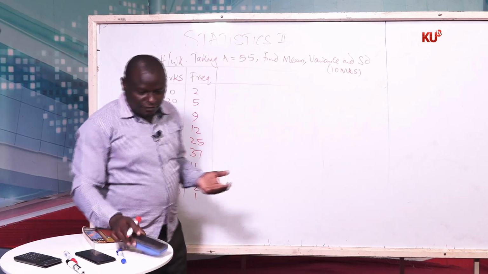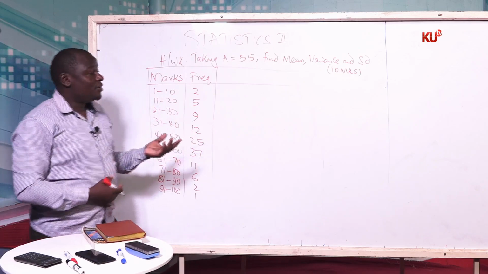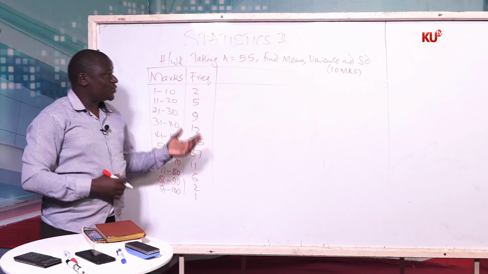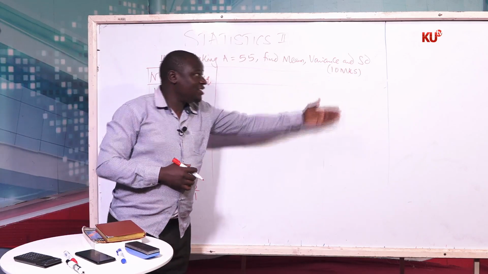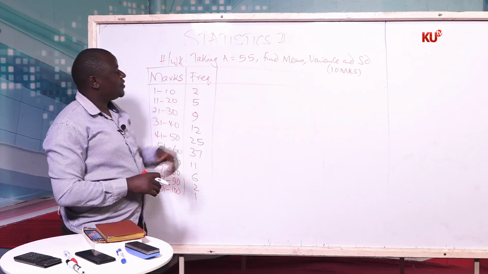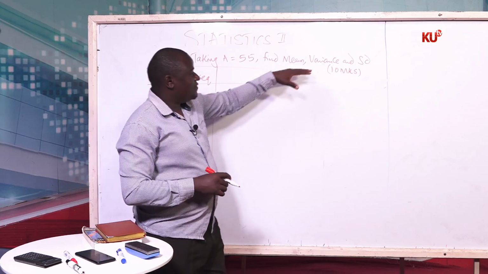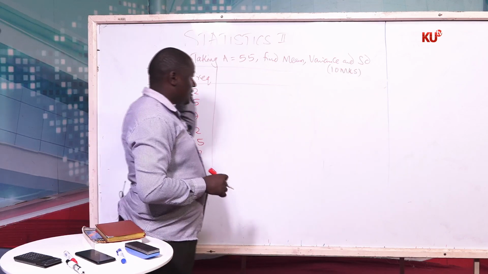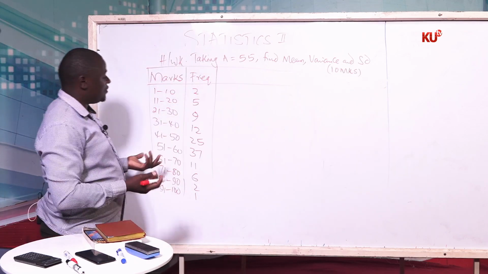These are free 10 marks. What I have taught in this one lesson earns you 10 marks. Taking A, assumed mean as 55, find mean, variance, and standard deviation. Your A assumed mean is 55.